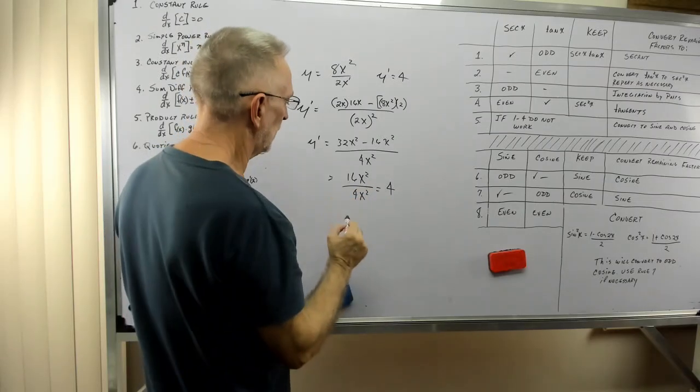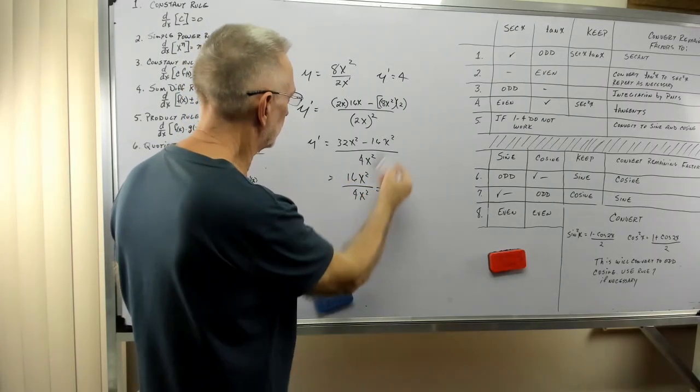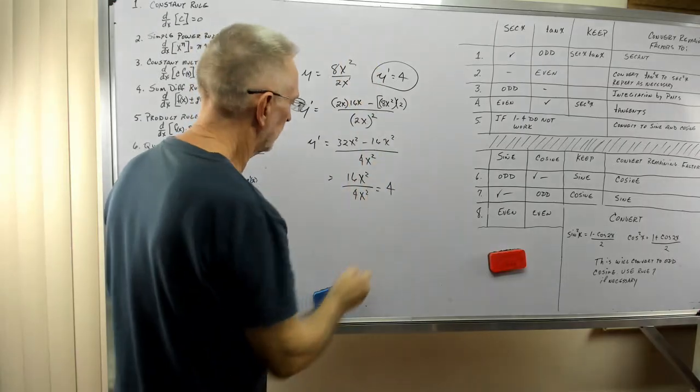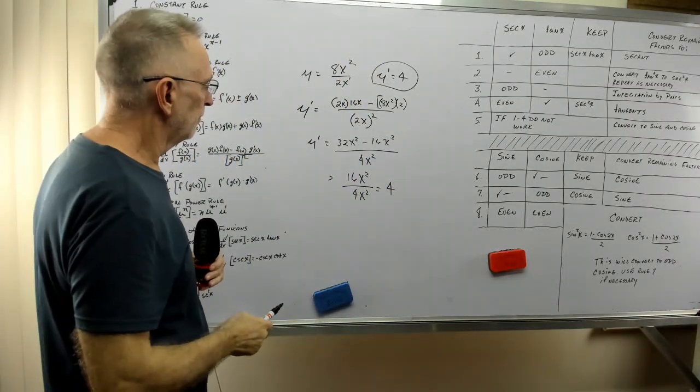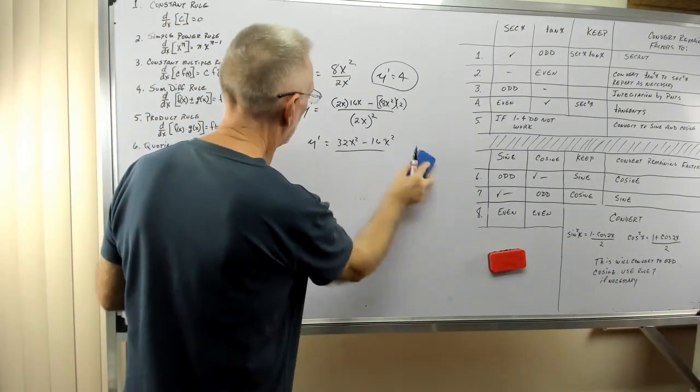X squared divided by x squared is 1. 1 times 4 is 4. Okay, that's what we wanted to end up with. Now that's a simple problem.